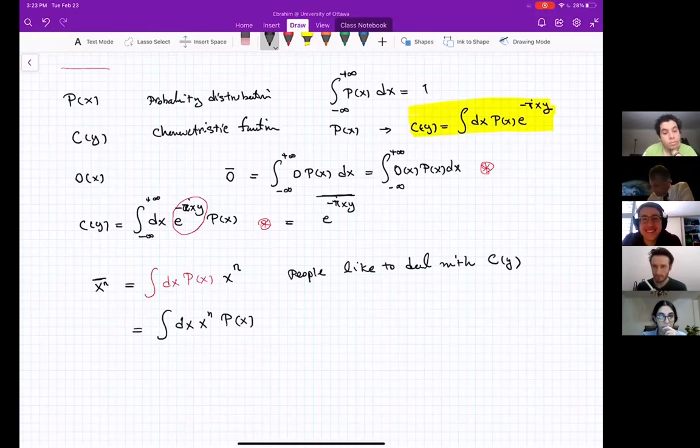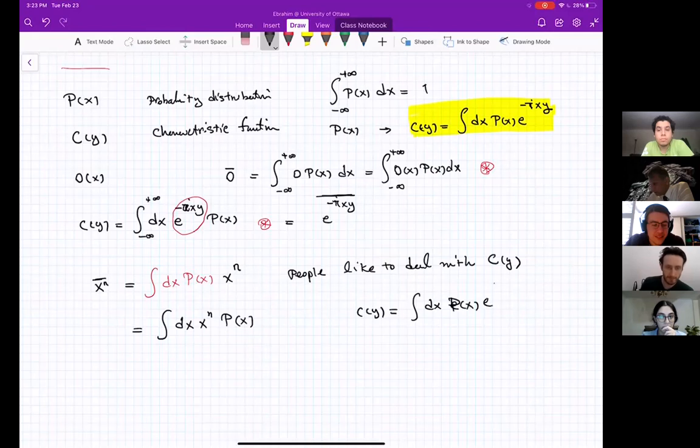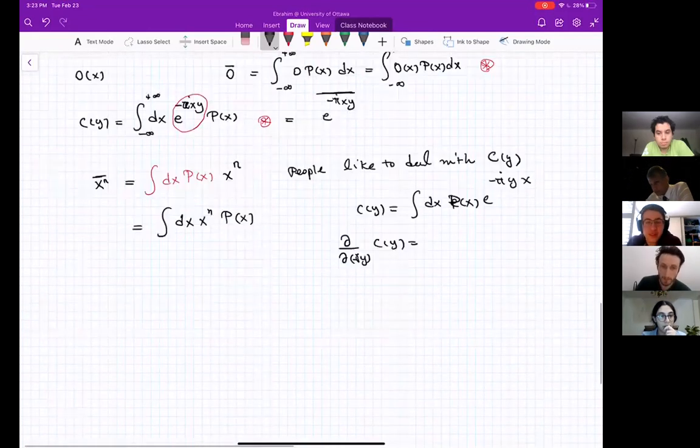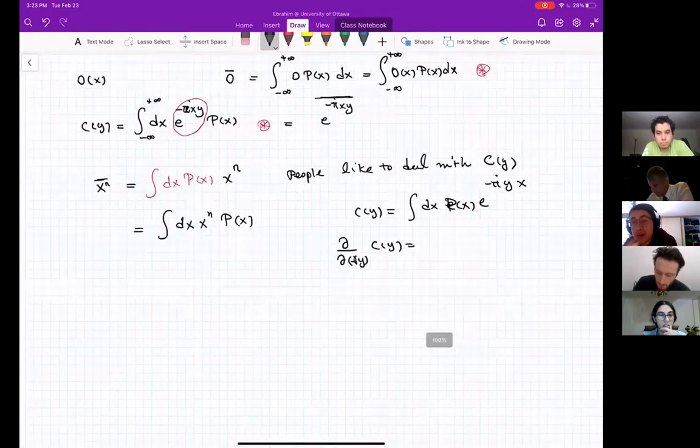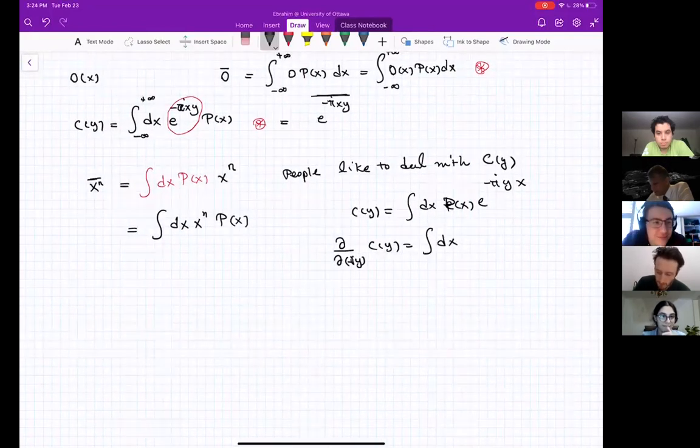Okay, so we have C(y), which is the integral of dx p(x) e to the power of minus i y x. Take the derivative with respect to minus iy of C(y). What will you get? You get x, exactly, the expectation value of x. You will get x p(x) e to the power of minus i y x. Do you agree?